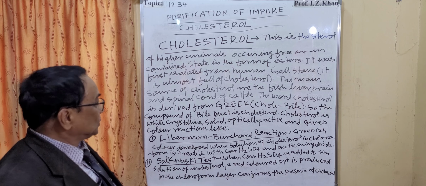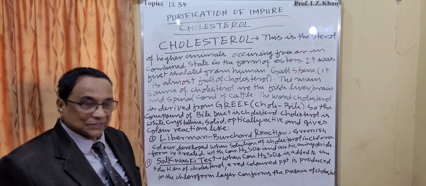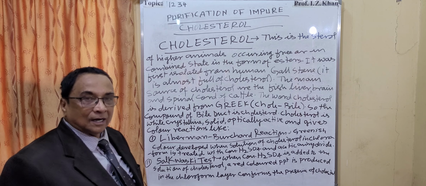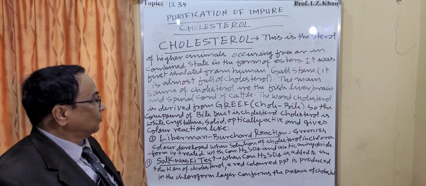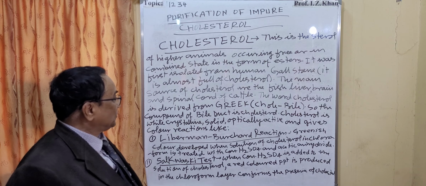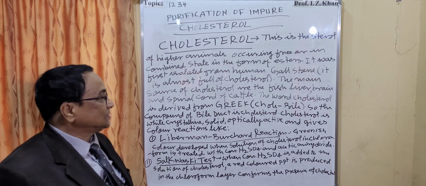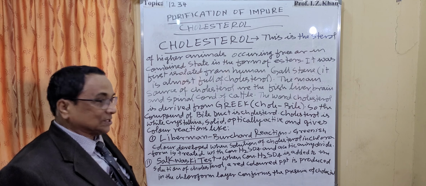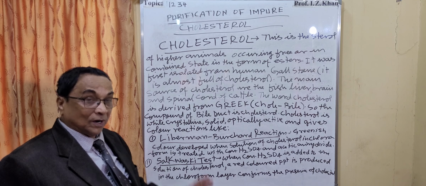The main sources of cholesterol are fish liver, human brain, and spinal cord of cattle. The word cholesterol is derived from Greek, where chol means bile, so the compound of the bile duct is cholesterol.